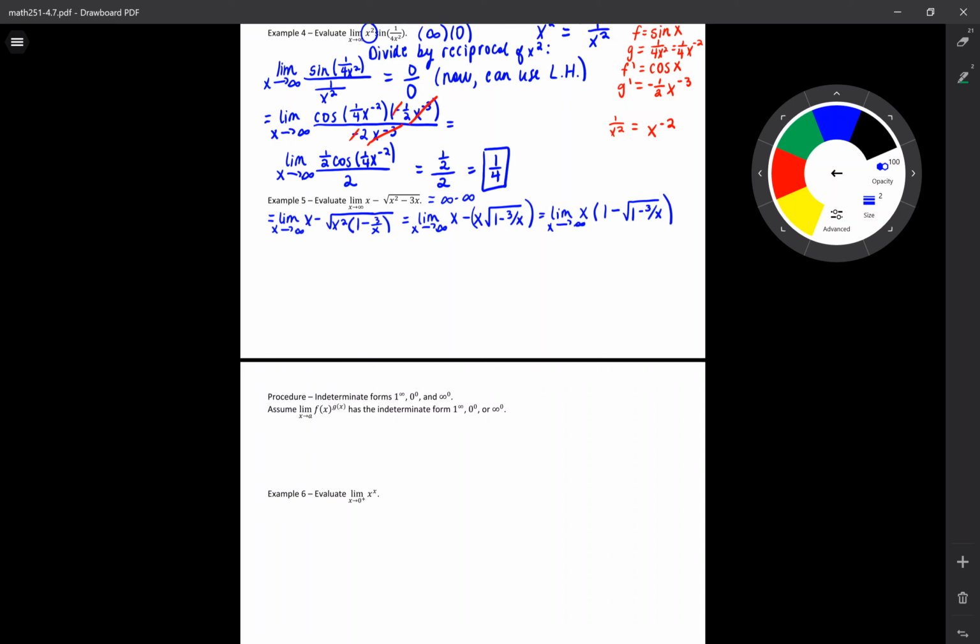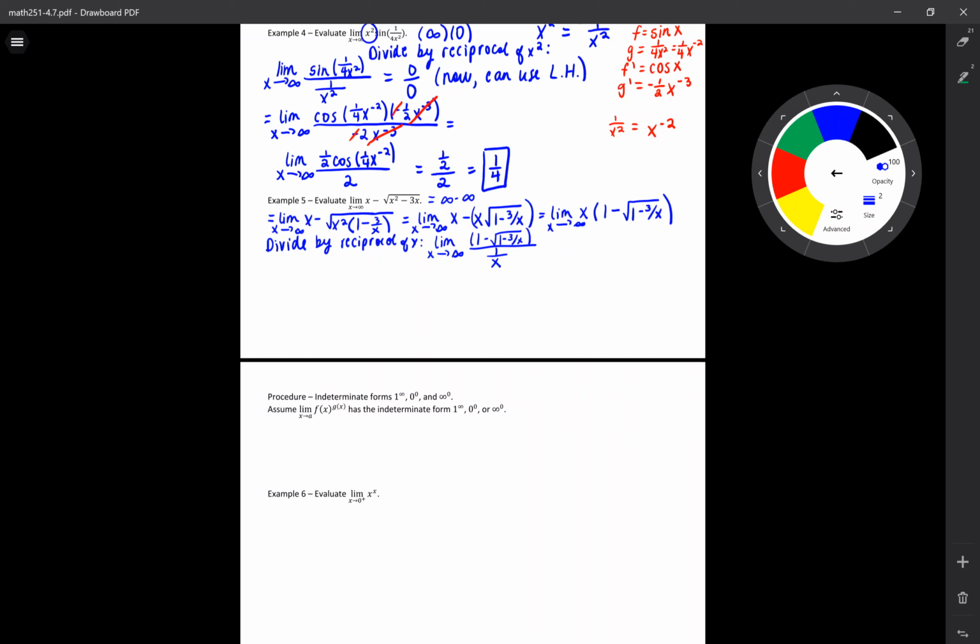So I'm going to divide by the reciprocal of x, since I have that term infinity times 0. So this gives me the limit as x goes to infinity of 1 minus the square root of 1 minus 3 over x divided by 1 divided by x.